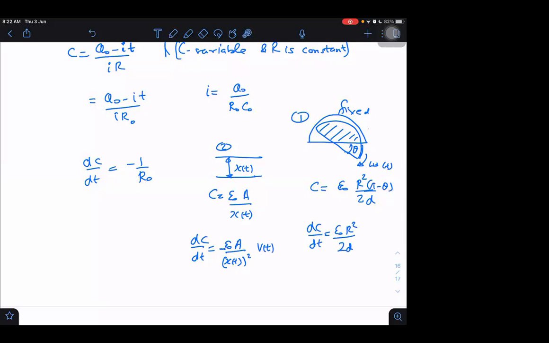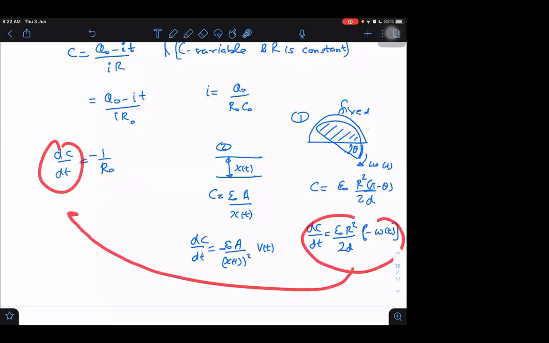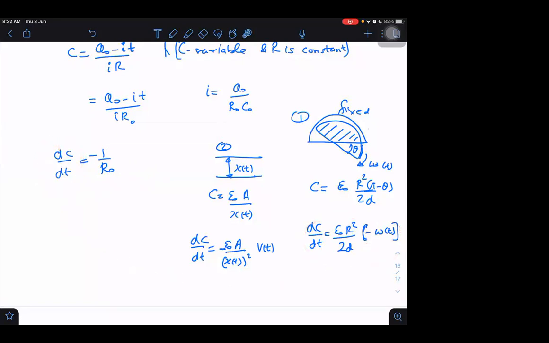The second term is minus theta's derivative, which will be minus omega(t). Then from here we are getting omega(t) easily by putting the value of dC by dt from this equation in this.